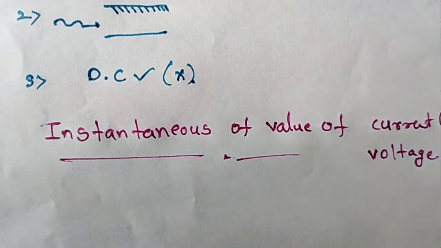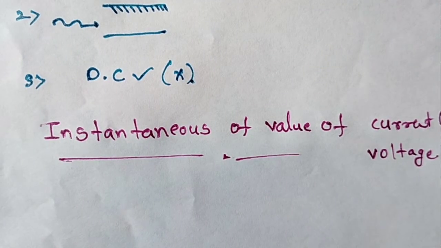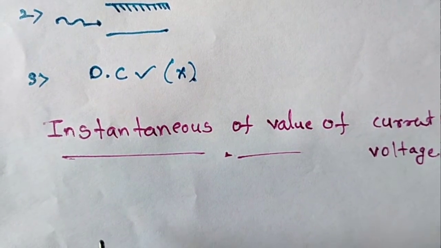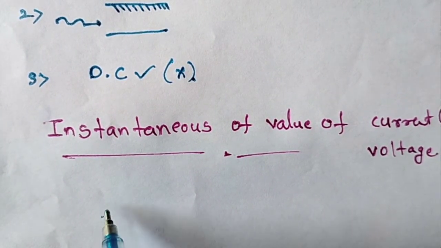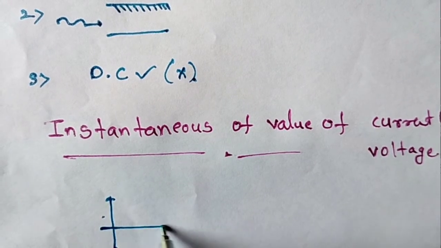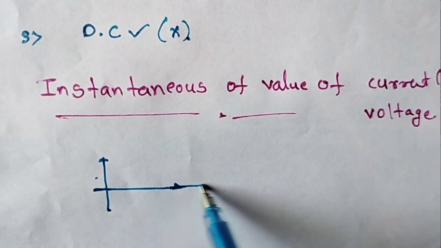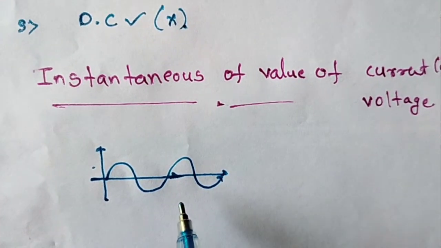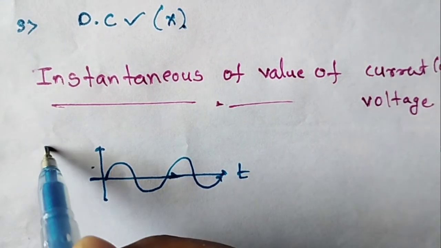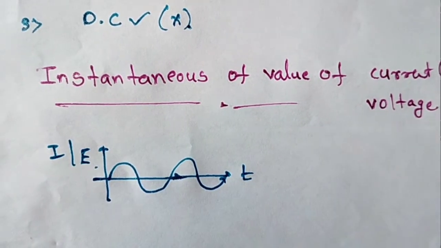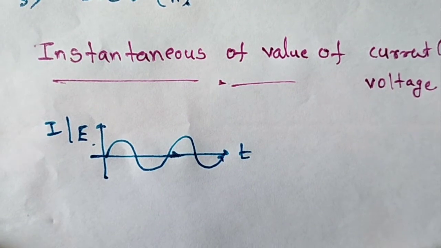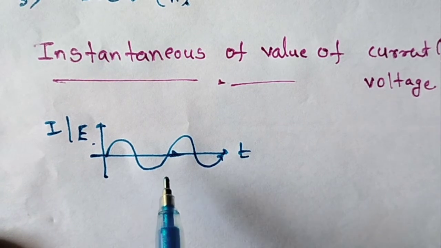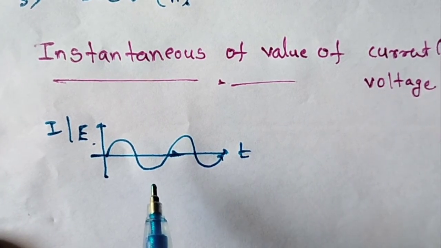Here we know very well what the current and voltage are. The current is moving like this in AC. The instantaneous value uses a small t, and I or capital E. What is the instantaneous value? The value of the current or voltage at a particular time is called instantaneous current or voltage.